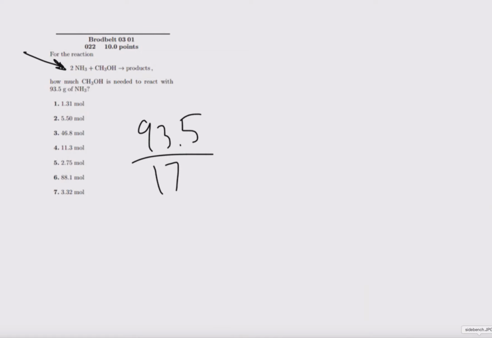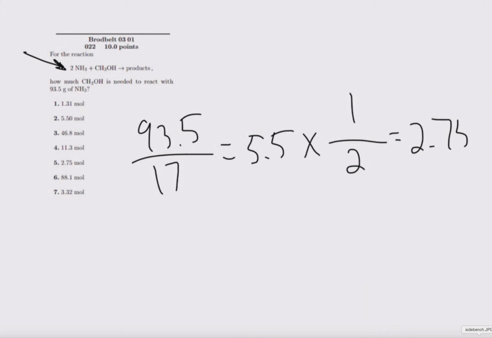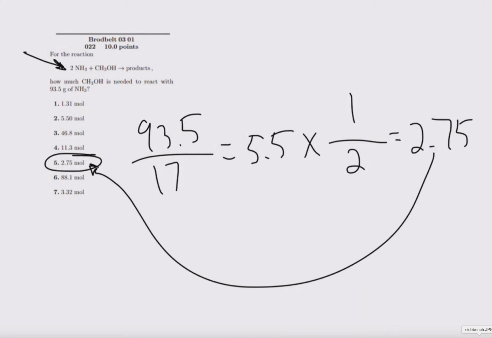So if we do 93.5 divided by 17, we get 5.5. Then we multiply that by the ratio, and it's 1 for the CH3OH, it's 2 for the NH3, which means 5.5 divided by 2, which is 2.75. And the question here asks us for moles, so that's where we can stop.